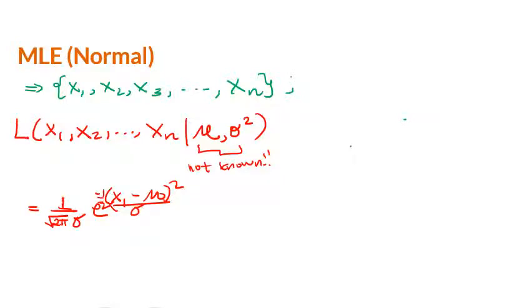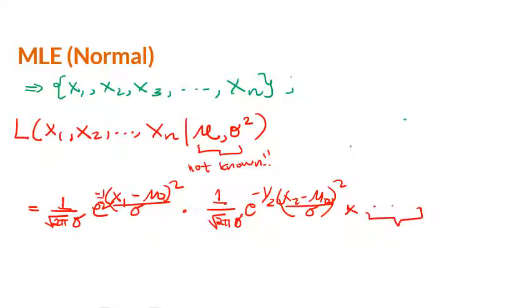Okay, class. So this is the likelihood of choosing x1, times the likelihood of choosing x2, 1 over square root of 2 pi sigma, e to the minus 1/2 of x2 minus mu squared over sigma squared, and so on.